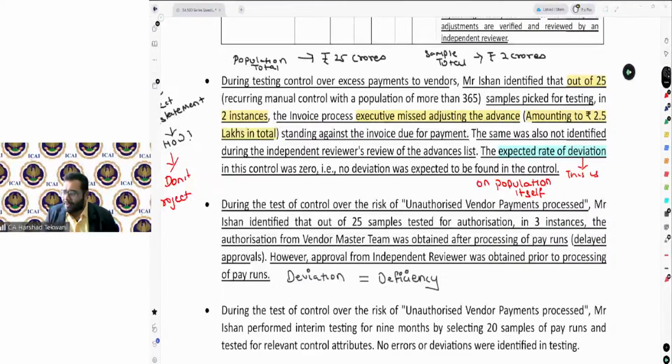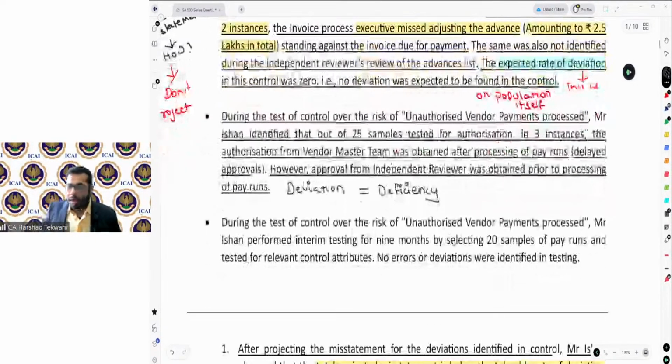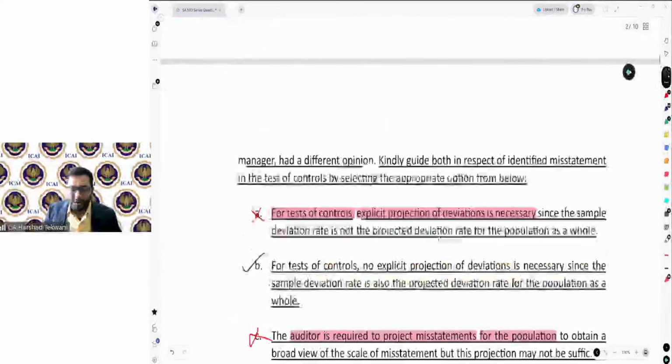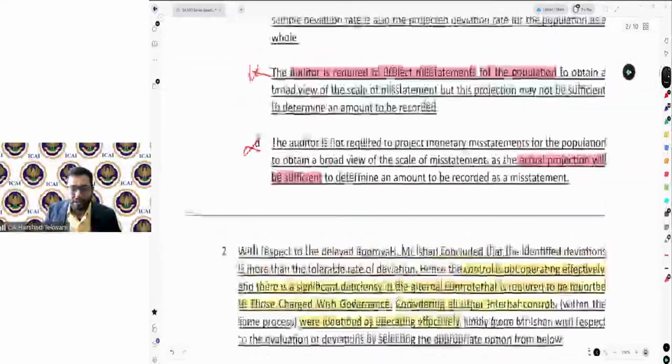Can I call this a deficiency? Okay, good. Now if I call this deviation a deficiency in the internal control, then what will this constitute as a significant deficiency?